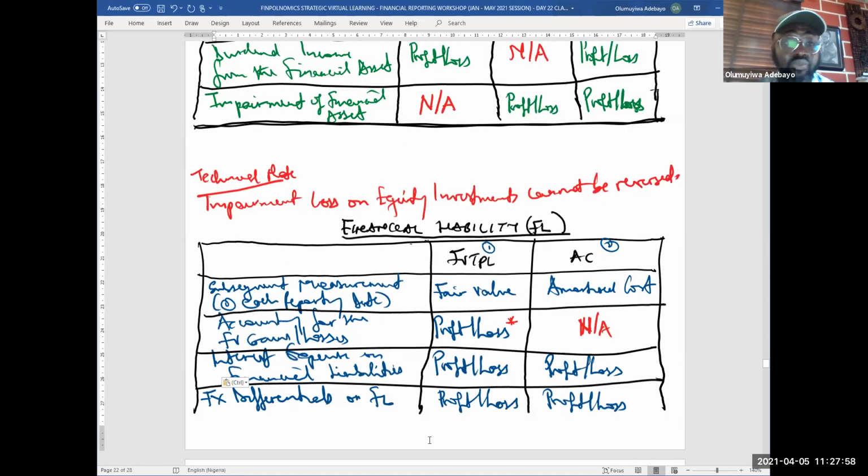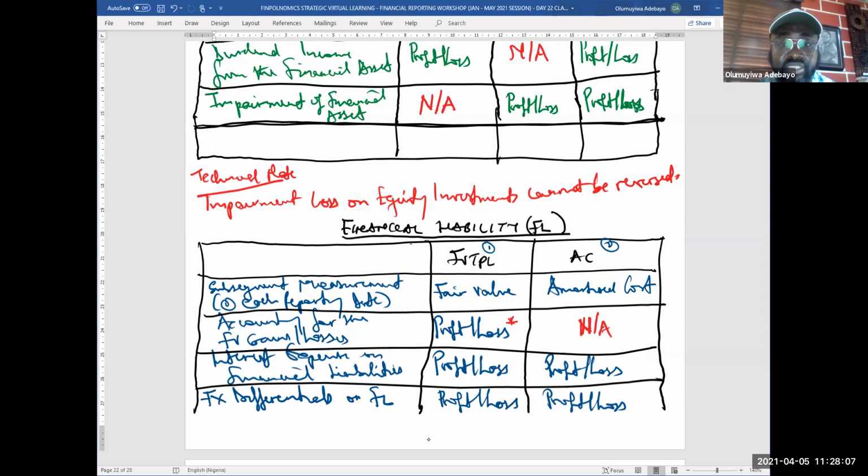That will allow me to extend this for the purpose of the foreign exchange differential.